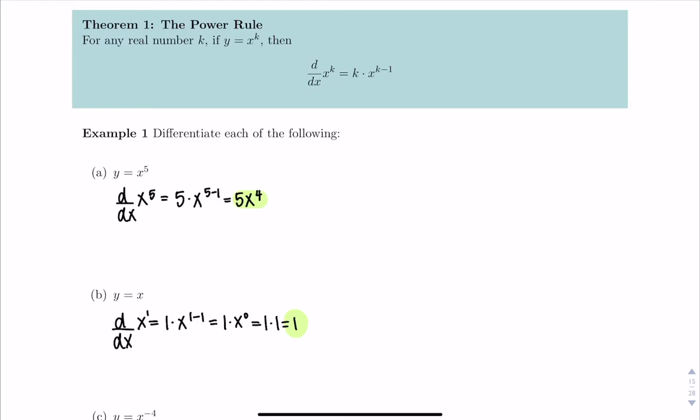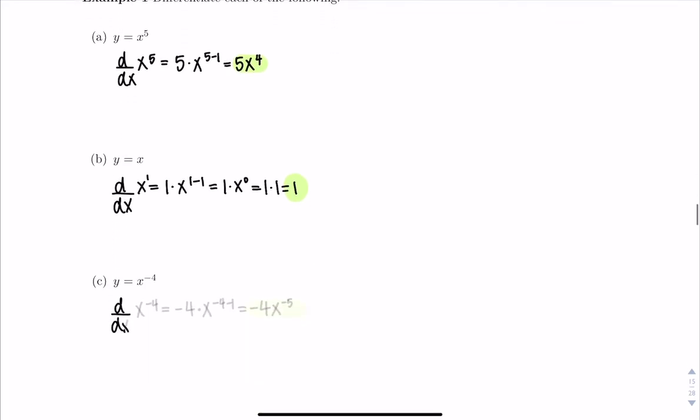The derivative with respect to x of x to the negative 4, we bring the power up front, so negative 4 times x to the negative 4 minus 1, but that's just negative 4x to the negative 5.